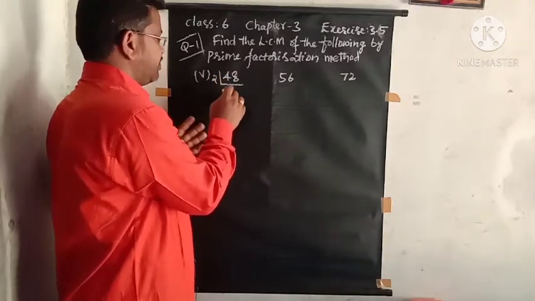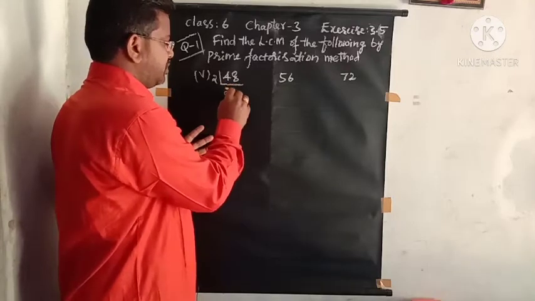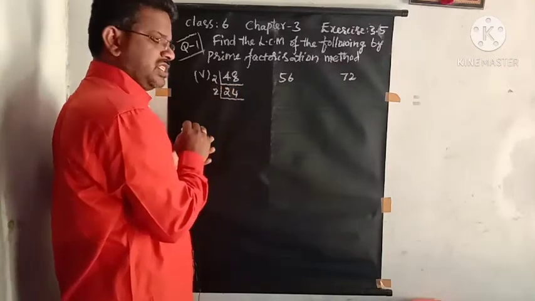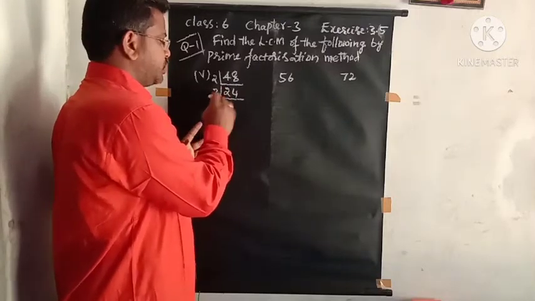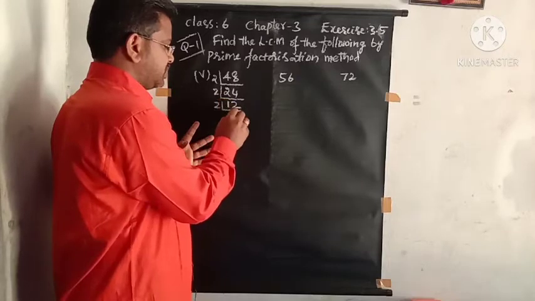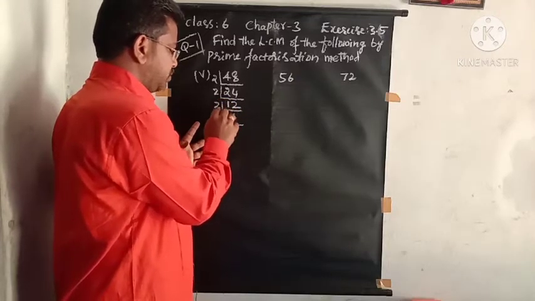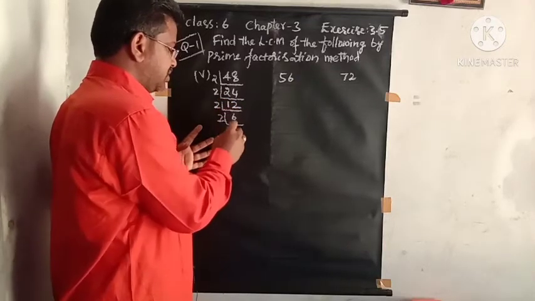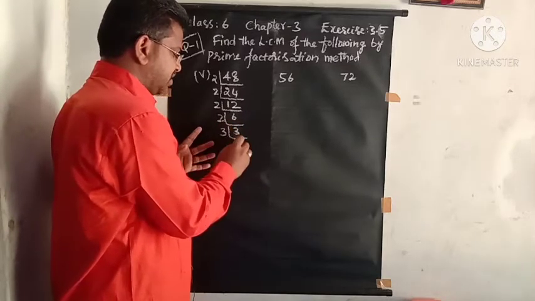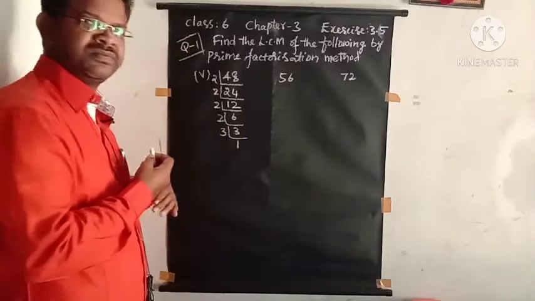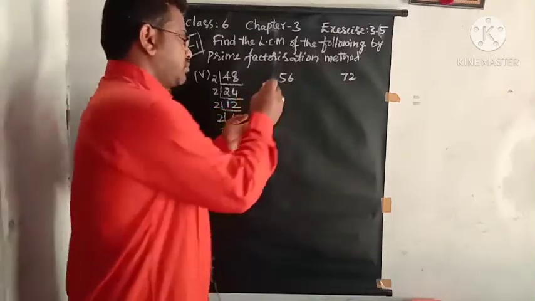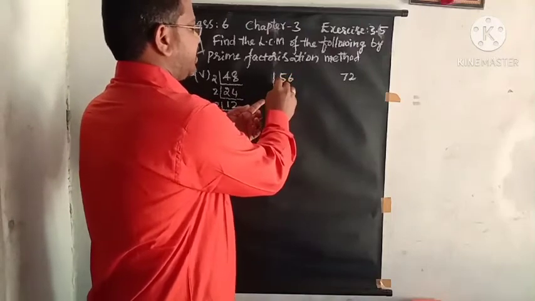When 48 is divided by 2, it is 24. Again 24 divided by 2 is 12, then 2 sixes are 12, again 2 threes. Now 2 does not divide 3, so we take the next prime factor, 3, and get 1.